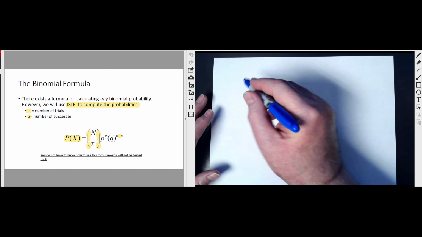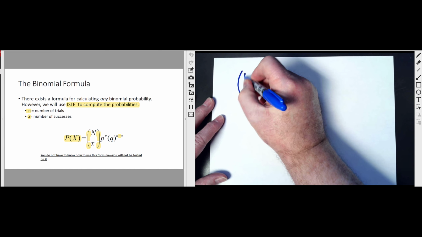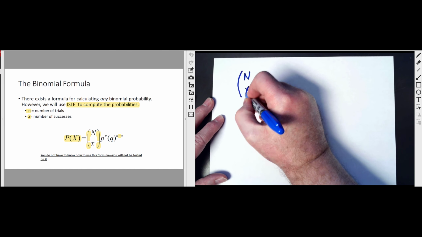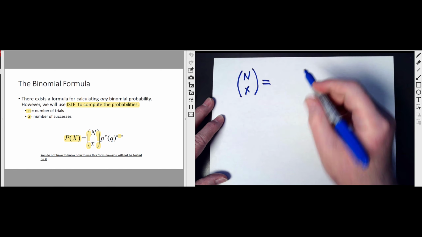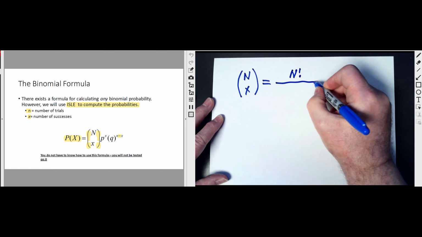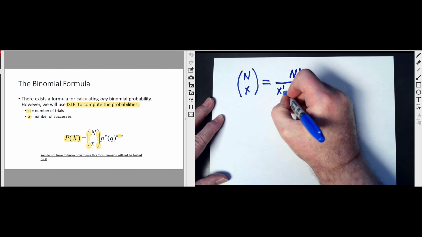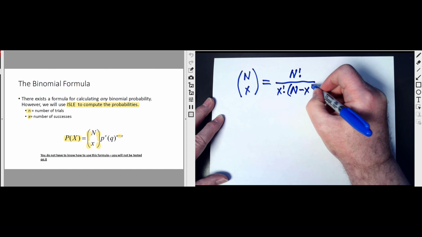Now, I can't resist giving you a little more information about the meaning of what's called n choose x. The formula for that, if you wanted to compute it by hand, is n factorial divided by x factorial times n minus x factorial.